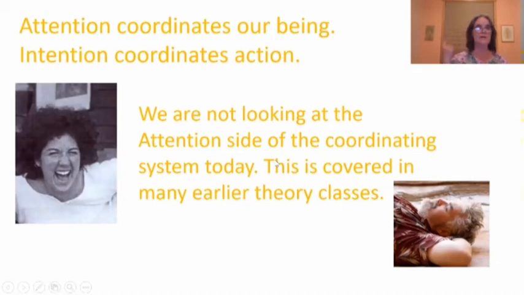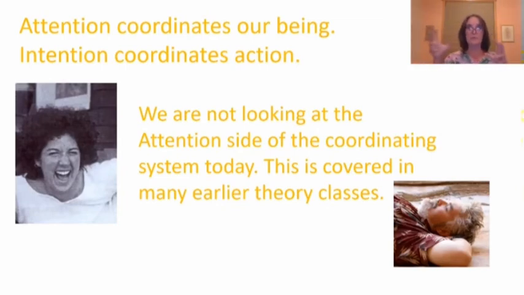Attention coordinates our being. Intention coordinates action. So in this theory class, we are not looking at the attention side of the coordinating system today. We certainly covered this in many, many earlier theory classes. If I'm feeling drawn and inwards, I'll have that heavy thing. If I'm a little freaked out and ahead of myself, I'll be in a state of being that will, in fact, coordinate my shape.